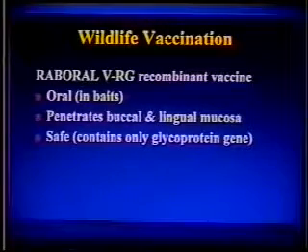This is a very safe vaccine, and results in antibody formation in a high percentage of animals that receive it, and, as I previously said, has been used in target areas and target hosts, such as in Texas for coyote rabies, and in Virginia and other places, directed toward raccoon rabies.